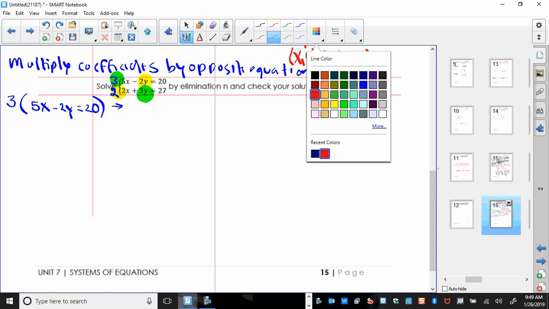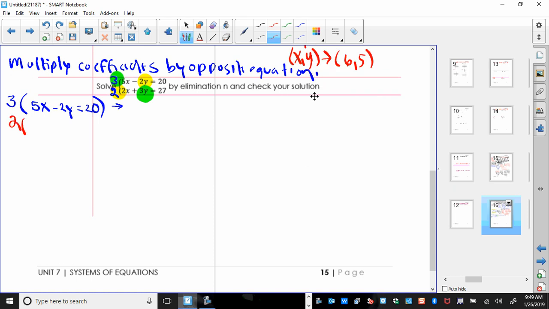And then for 2, we're going to distribute it to each term in the bottom equation. So remember, we multiply coefficients by their opposite equation. All right, so let's do this. We're going to get some really big numbers here. So we want to be extra cautious, extra careful, and make sure that we're going to the graphing calculator that we need to.